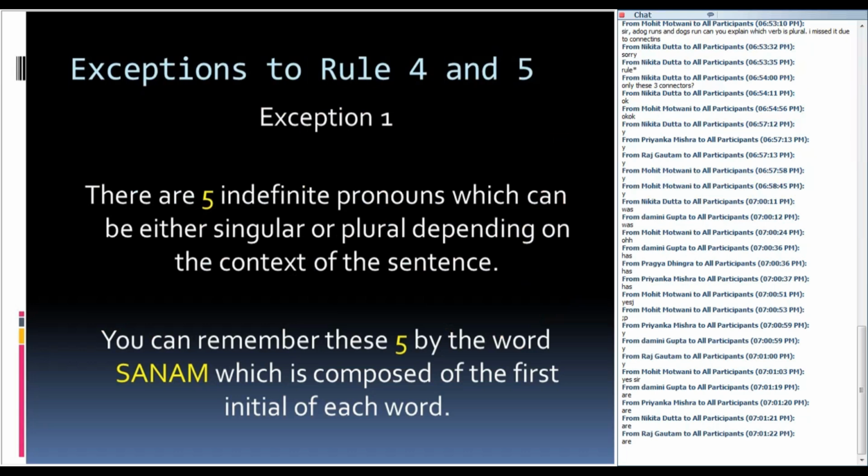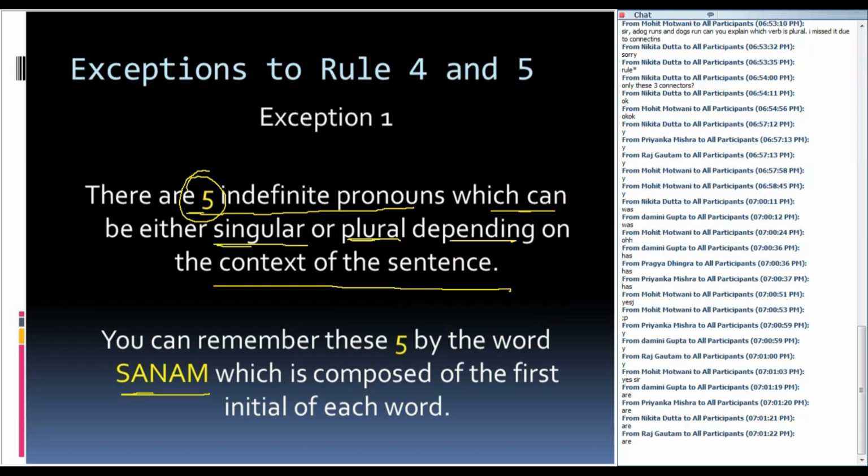The first exception is that there are 5 indefinite pronouns which can be both singular or plural depending on the context of the sentence. Generally, indefinite pronouns are singular, but there are 5 that can be both singular or plural. What are these 5 indefinite pronouns? You can remember them through the mnemonic SANAM. This mnemonic is composed of the first initial of each word.